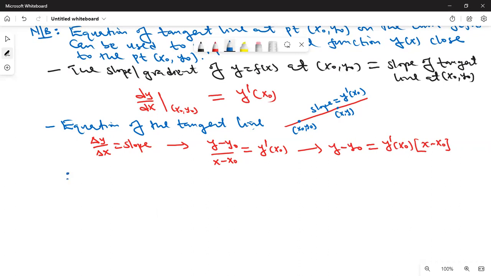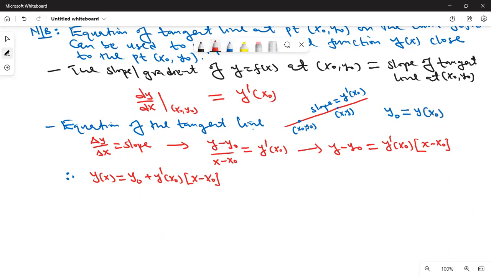So you can say therefore, from that equation, it means y, remember y is a function of x, y of x, is equals to y naught plus y prime at x naught times x minus x naught. What I'm calling y naught, take note that the y naught here is the value of y when x is equals to x naught.